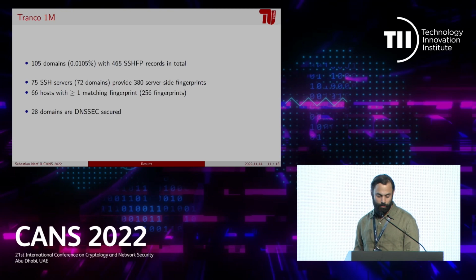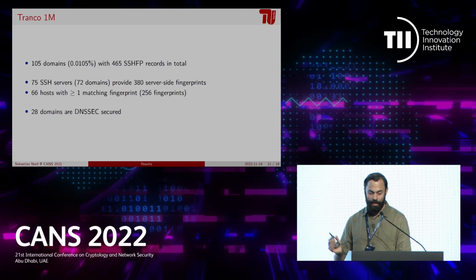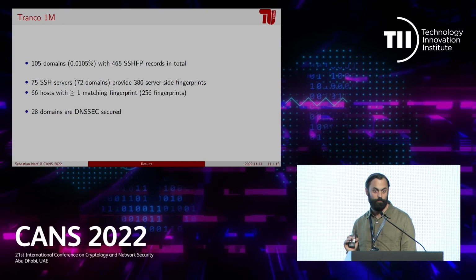So what results did we get? Out of those 1 million Tranco domains, only 105 domains had SSHFP records, which is not a lot. Then, after scanning for those IP addresses, we found 75 SSH servers mapping back to 72 domains, which provided around 380 fingerprints that we could compare. So after the comparison, 66 hosts had at least one matching fingerprint.